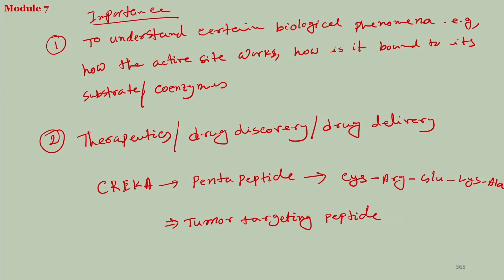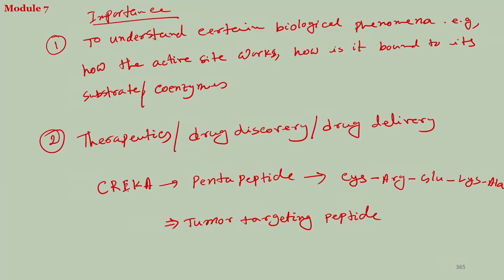Tumor targeting peptide. That means this peptide can go and adhere to a tumor cell, because tumor cells have certain receptors where this peptide can go and bind. The normal cells do not have them, specifically tumor cells have them.